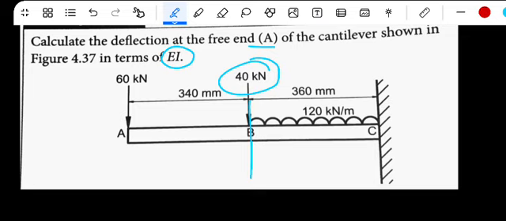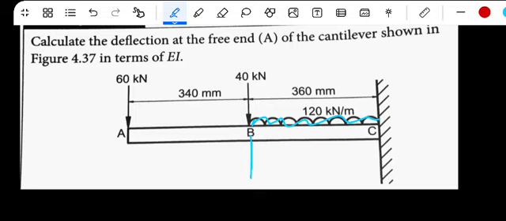Also, we will have the deflection due to the point load, and the additional deflection due to this side and that side. We also have the deflection due to the distributed load here, and the additional deflection for the UDL.